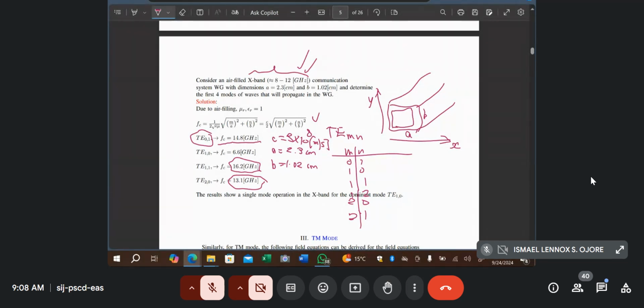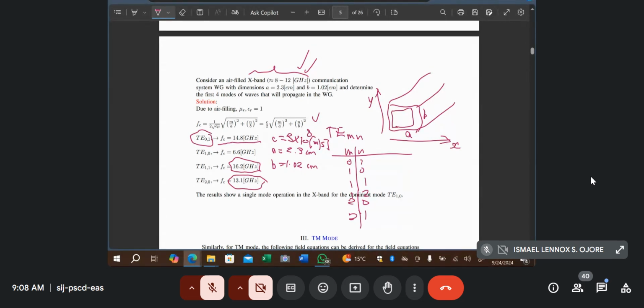Is it clear to you, everyone? So here is just a single mode operation in the X band for the dominant mode TE10. It is the one that has the largest wavelength inside that waveguide because of the low frequency. So it's only a single mode operation.